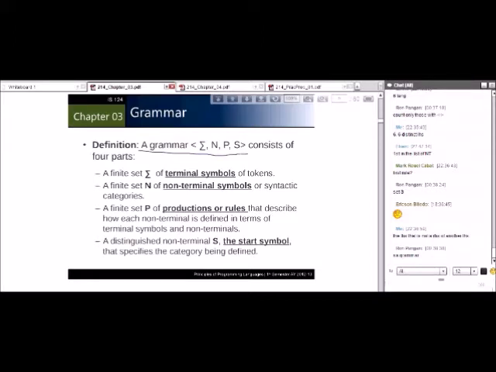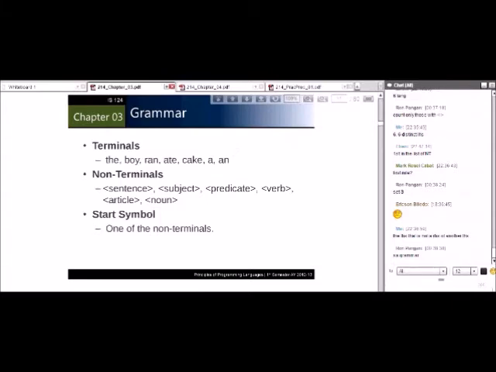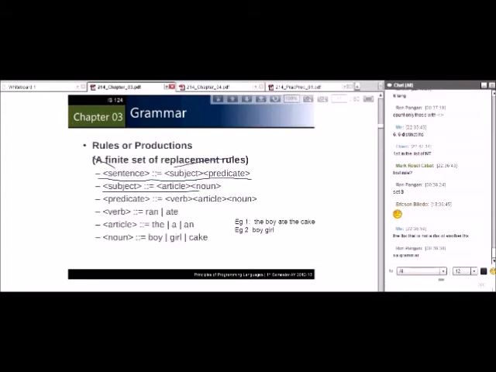Because a particular grammar is composed of four components actually. We have sigma, the terminal symbols or the tokens that we have. N is for the set of non-terminal symbols, which I mentioned earlier. P, productions or rules. This is all of this.